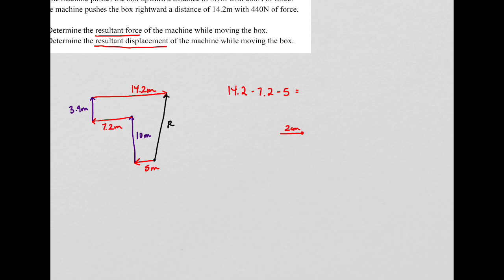That's probably too big, but whatever. Okay, that's my horizontal, and my vertical is 10 plus 3.9, so we're going to go up 13.9.